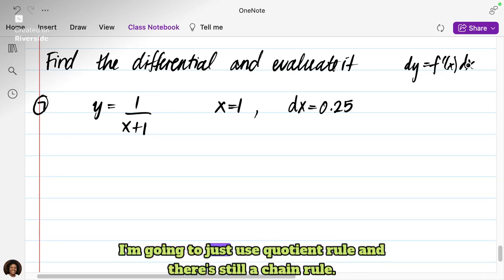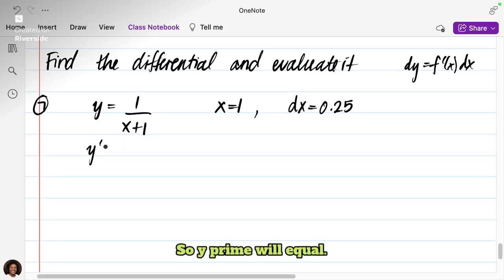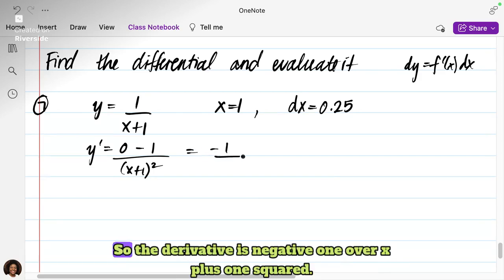I'm going to just use quotient rule. So y prime will equal f prime g, that's just a 0, minus f g prime, that's 1, all over x plus 1 squared. So the derivative is negative 1 over x plus 1 squared.